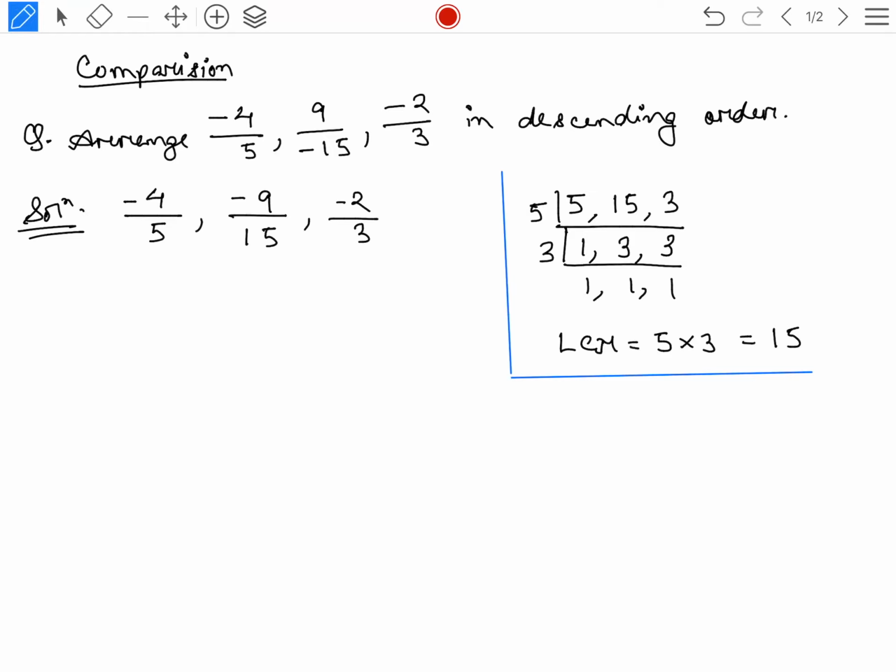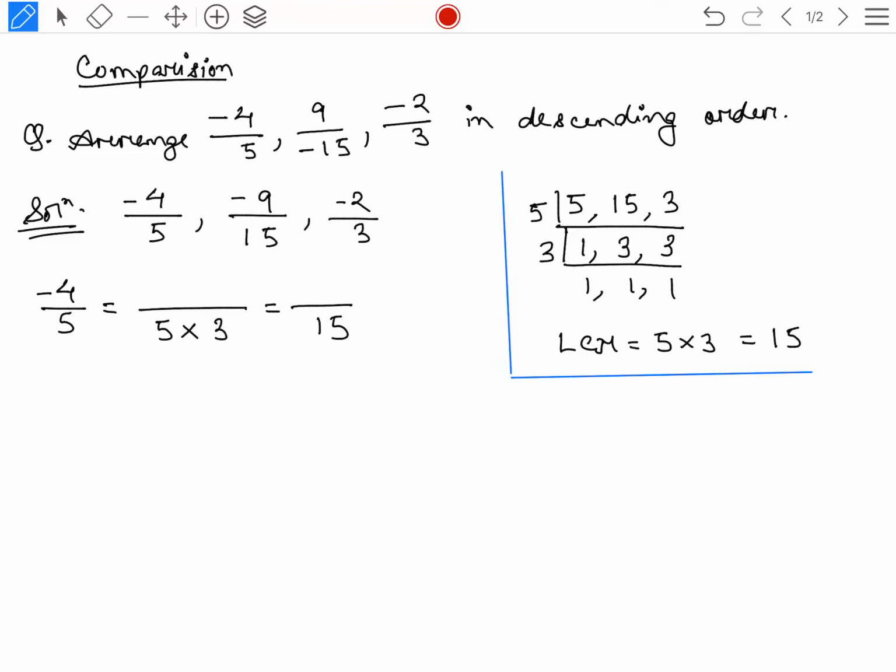I'll convert those such that the common denominator is 15. Understood? The first one, -4/5. So I need to multiply 5 by such a number that it becomes 15. Okay, so we know that 5 threes are 15, yes or no? So we'll multiply 5 by 3.